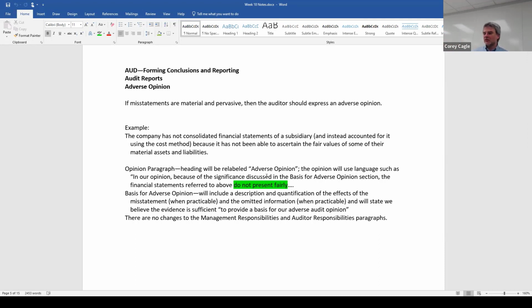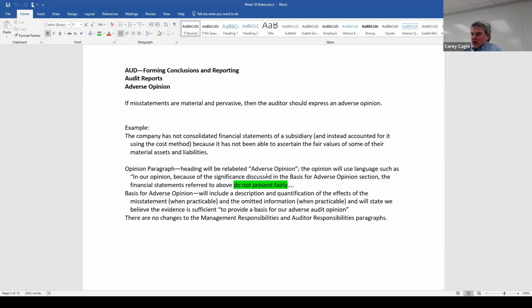And just like the qualified opinion, we'll have a basis for adverse opinion where we'll describe and quantify the problems to the extent possible. Then we'll tweak the language to say we believe the evidence is sufficient to provide a basis for our adverse audit opinion. And there are no changes to management responsibilities or auditor responsibilities, which makes sense. The responsibilities are what they are.